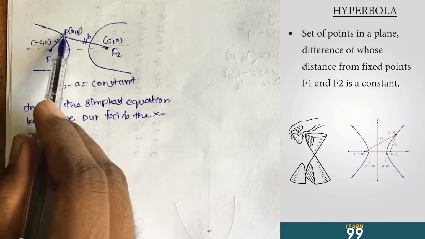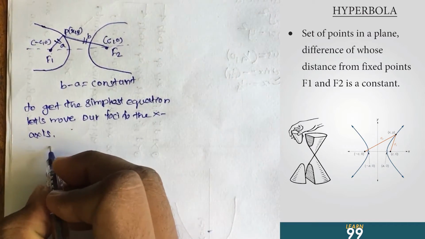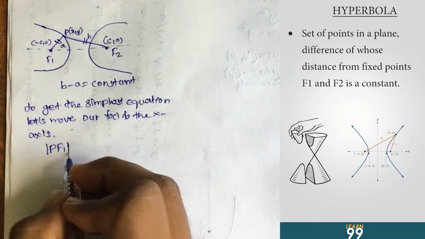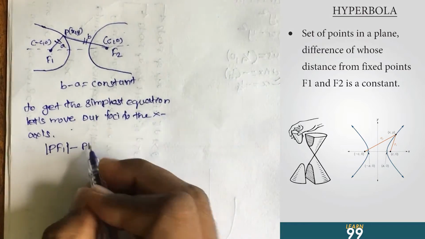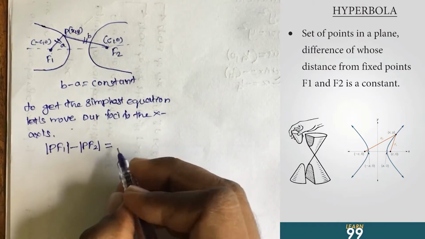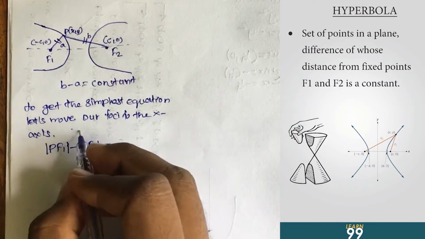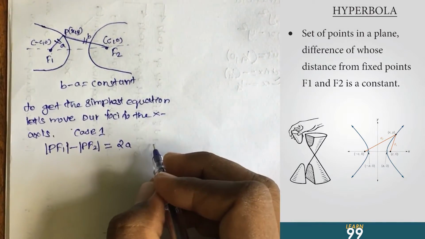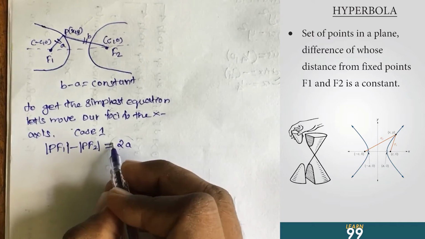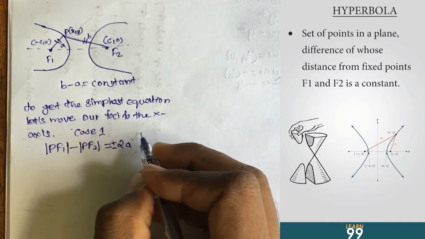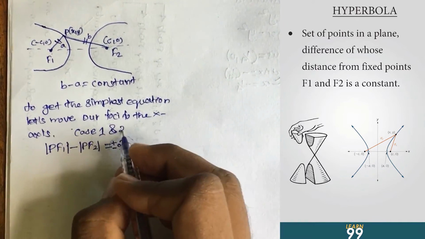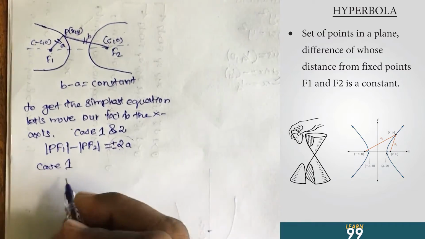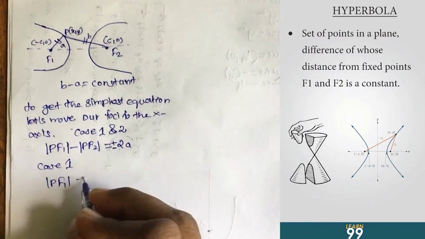So length P F1 minus length P F2, which means the difference between those lengths. In the picture I took that P F2 is greater and P F1 is less than that, but in the common case I have to say that it can be both.